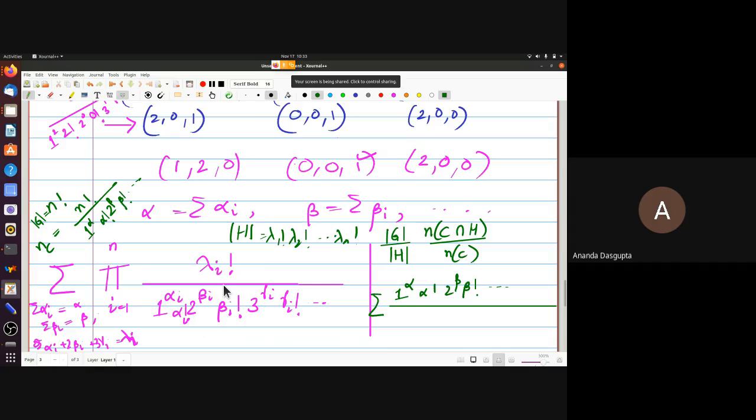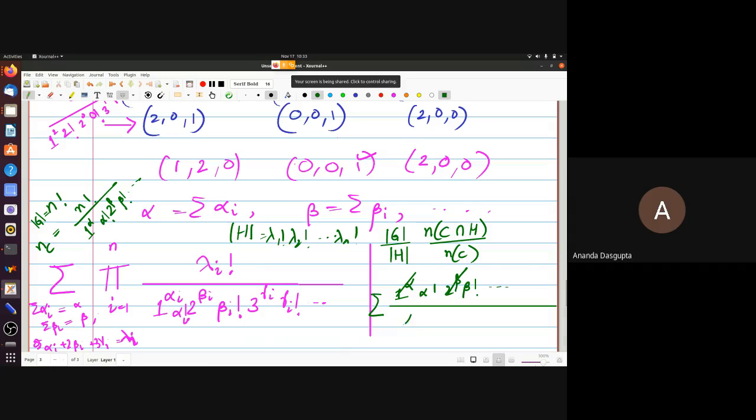But let's focus on the 2 to the beta i. So you get 2 to the beta 1, 2 to the beta 2, 2 to the beta 3, up to 2 to the beta n. How much is that? 2 power beta. So the 2 power beta also cancels. 3 power gamma cancels. In the numerator, these terms will just cancel out.